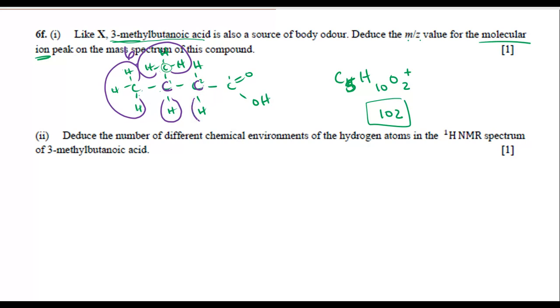I've got 2 hydrogens on this carbon, and I've got this hydrogen on this oxygen. So how many different environments? We're going to have 1, 2, 3, 4 environments. And if it asked us for the ratios, it would be 1, 2, 1, 6.